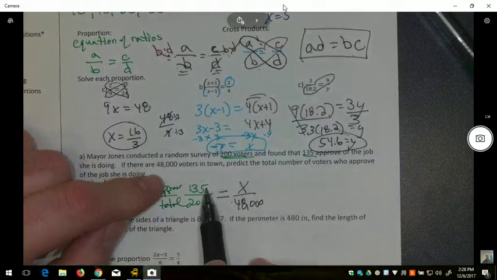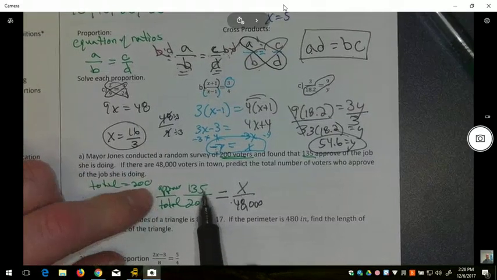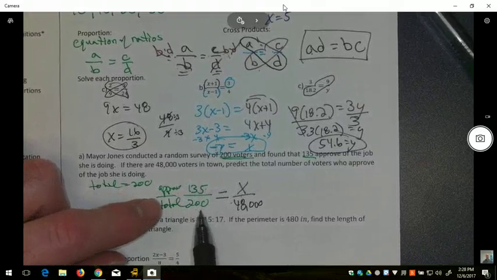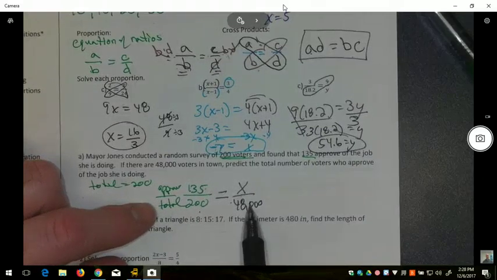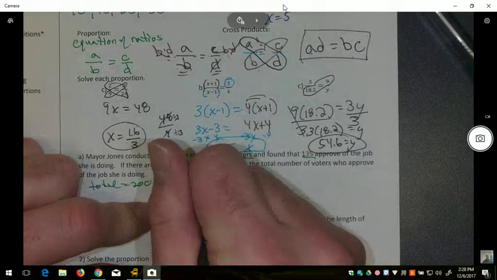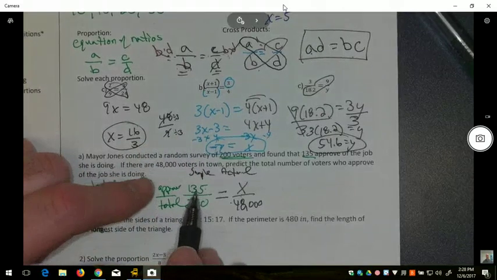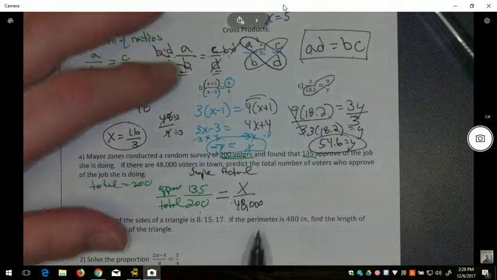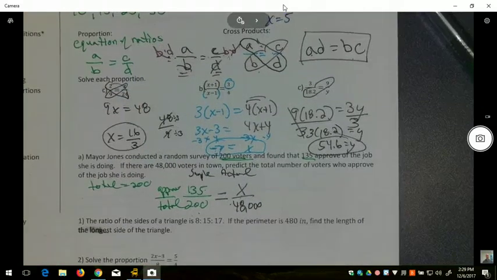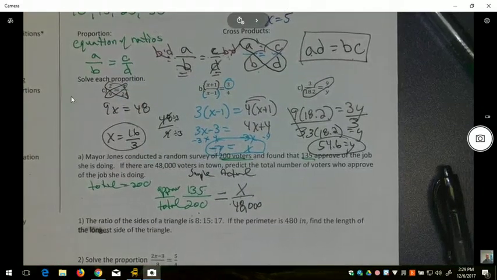Well, we have approval over total for our sample, which was 200 people, and then we have the actual. So here's our sample, and here's the actual. And the ratio is the same, approval over total, approval over total. So now we can cross multiply to get our answer.